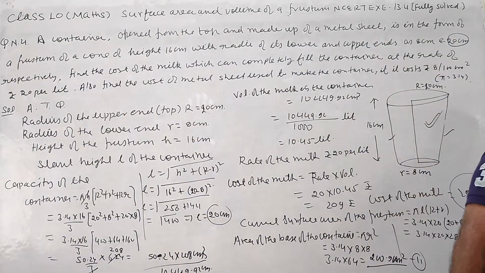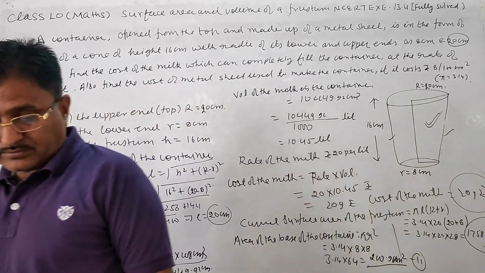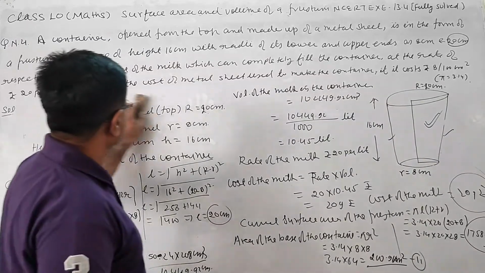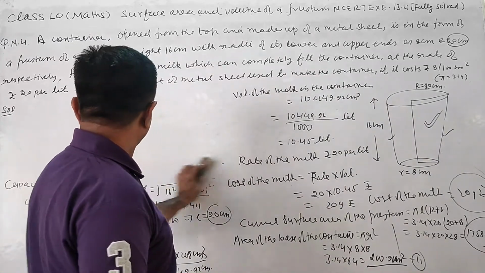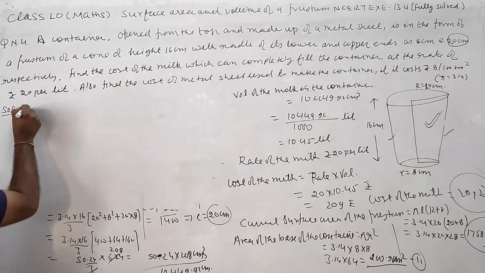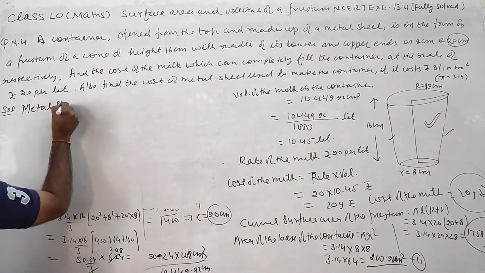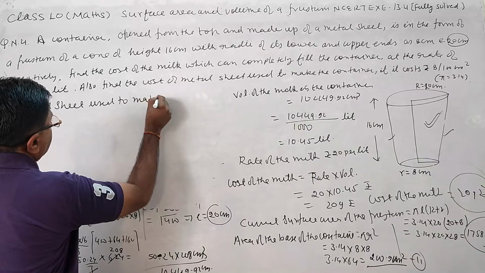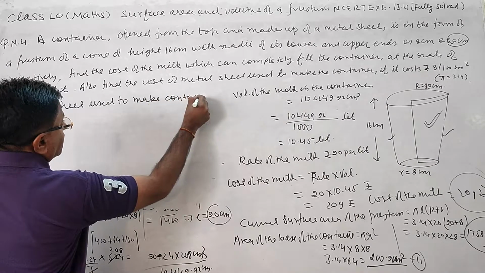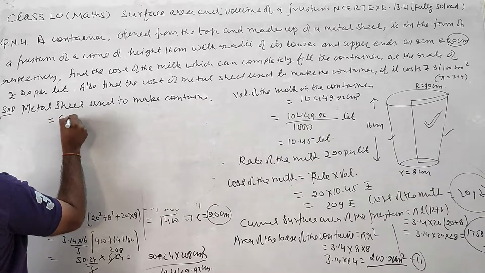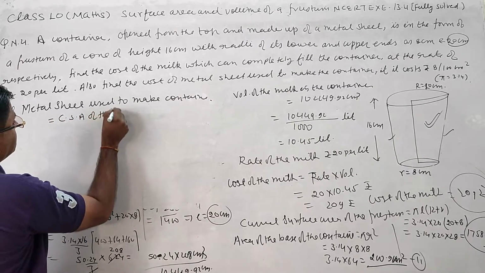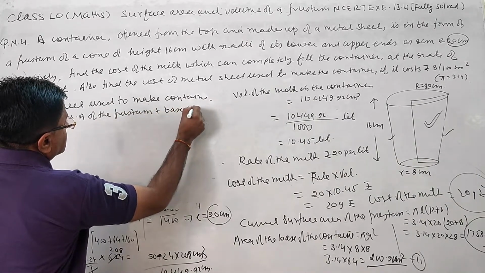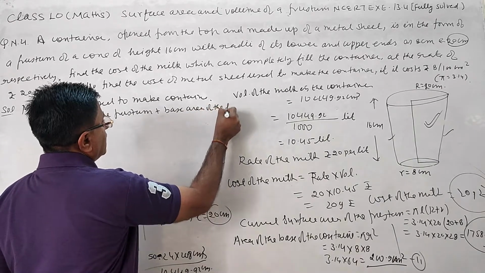So now you can write here, dear student, the metal sheet used to make the container is equal to the curved surface area of the frustum plus the base area of the frustum.